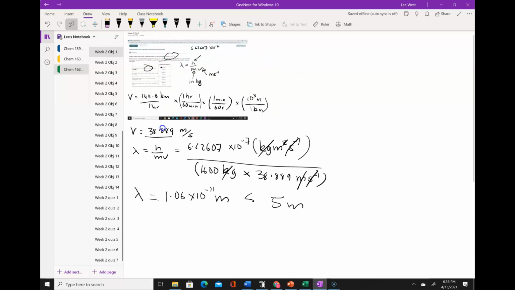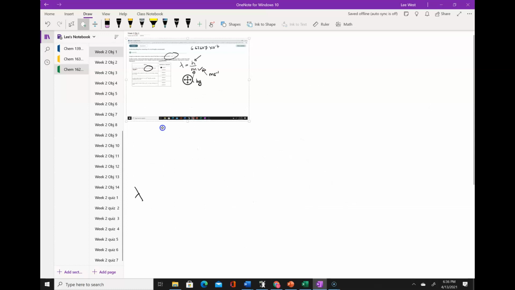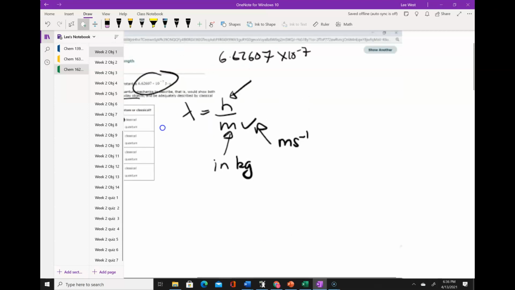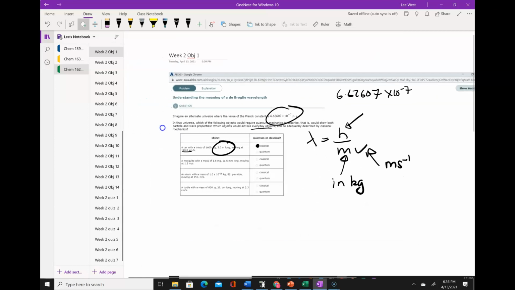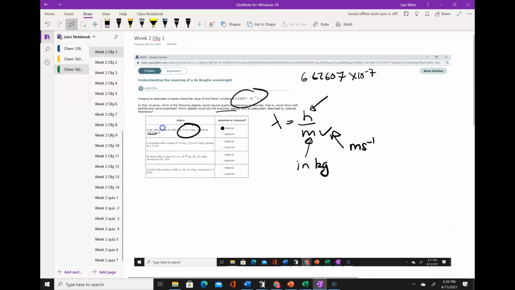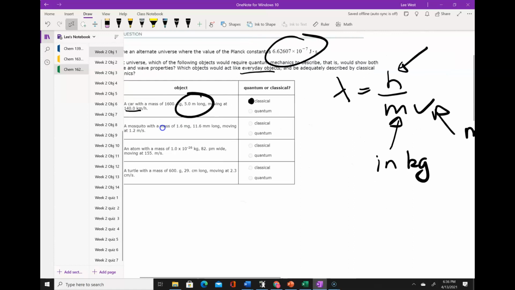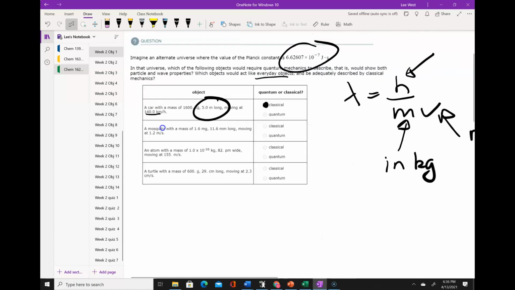So rinse and repeat for the other 3 options, right? But we might have some different unit conversions depending on what's going on there. So let's have a look here. Remember, we need our mass in kilograms, and it says a mosquito with a mass of 1.6 milligrams. There's your problem, right?